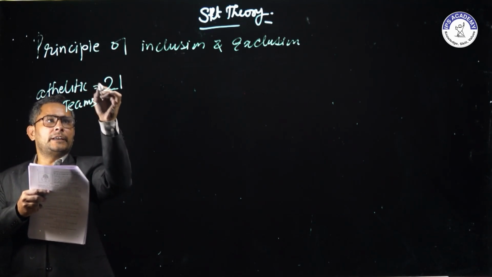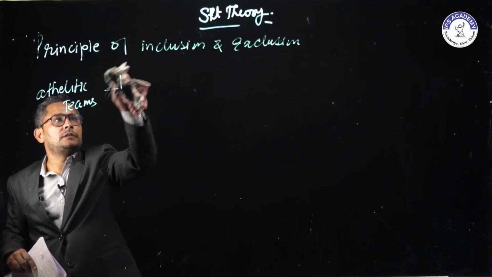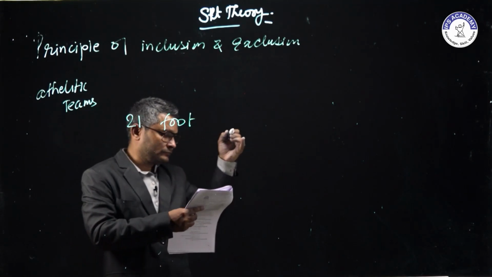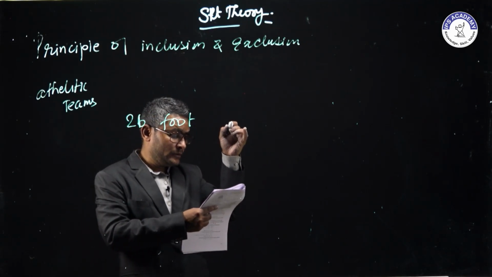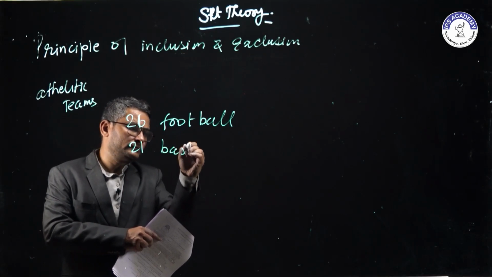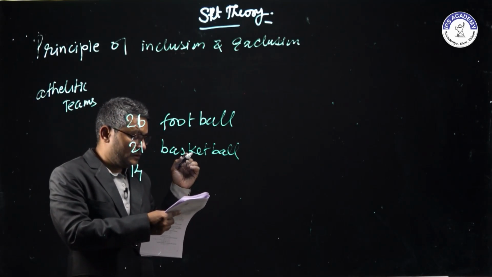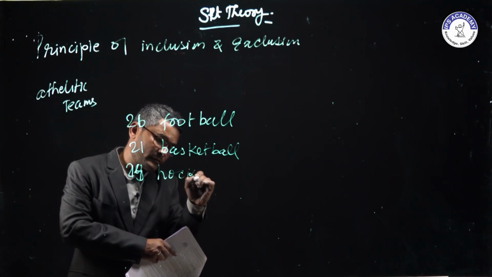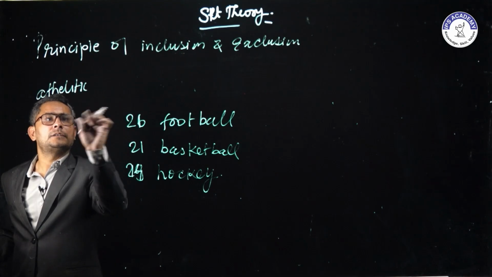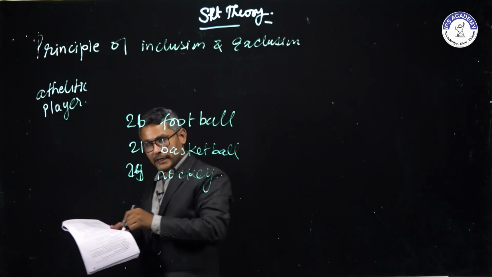Sorry, 26 is football, 21 is basketball, and 29 is hockey. So this is not teams, this is actually players. There are athletic players. So 26 players in football, 21 players in basketball, and 29 players in hockey.